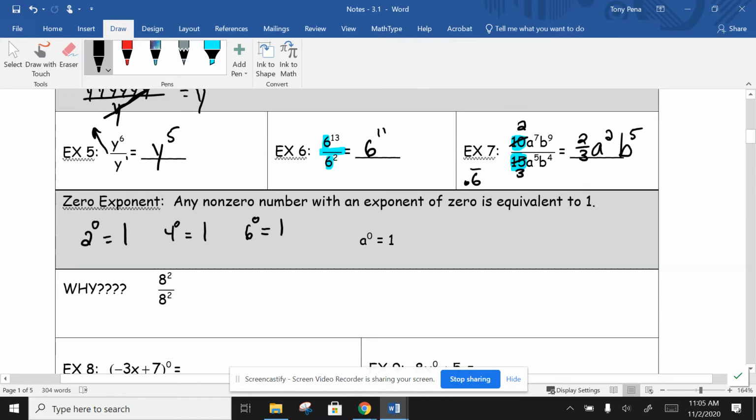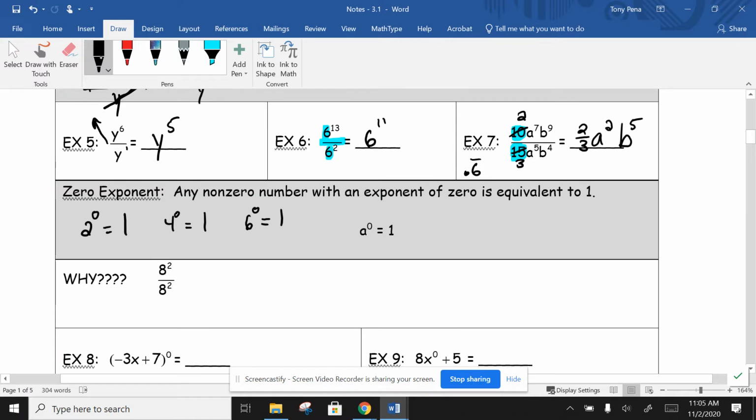Here's why. If I have 8 squared divided by 8 squared, according to our rule we just did, that should be 8 to the 0, because I would do 2 minus 2. And according to the new rule, that better equal a 1. So there's a couple different routes we could take to show this.